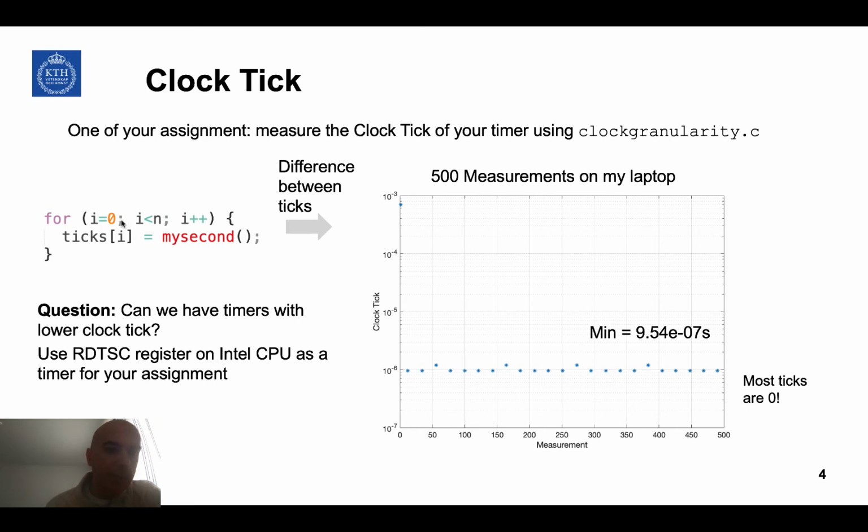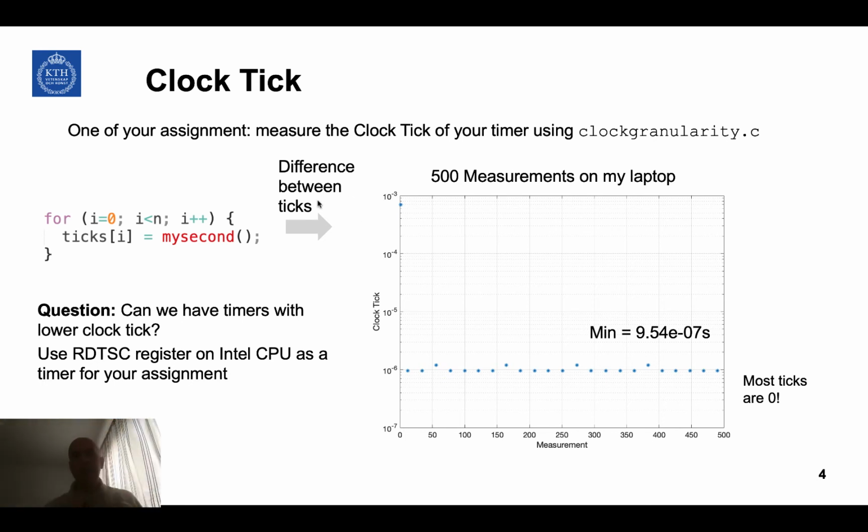We have a loop going from 0 to n, where n is the number of time measurements provided through the command line. At each iteration, we basically record the time. Then we plot, on this plot here, the difference between the different ticks.